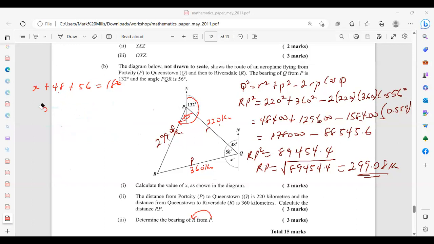Yes, sir. So for me to do this one, all what I need is to find this angle here. Can anybody help me to find this angle P? What formula, which method can I use to find angle P?